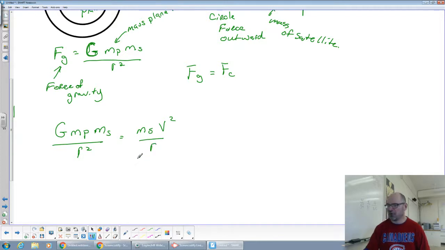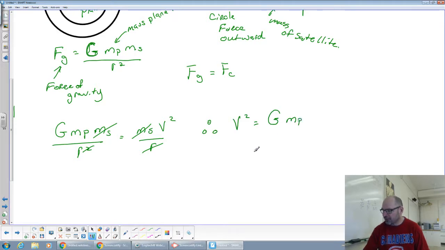Now we can see there are some things on both sides that are the same. So if we cancel an r from the bottom, and we can cancel the mass of the satellite. The mass of the satellite doesn't matter. So now we have an expression for v squared: v squared equals the gravitational constant times the mass of the planet, divided by the radius of the orbit.